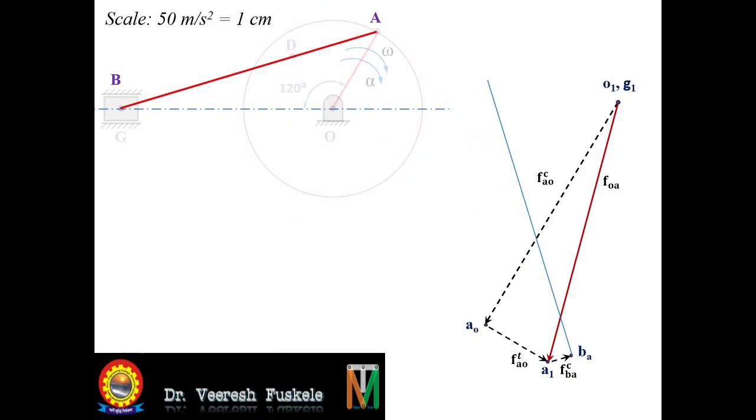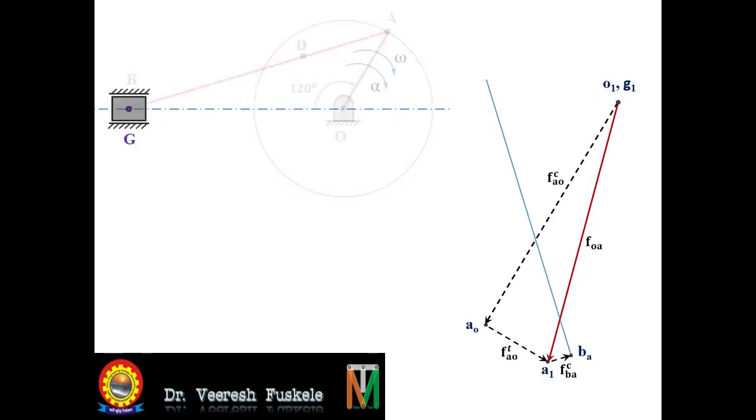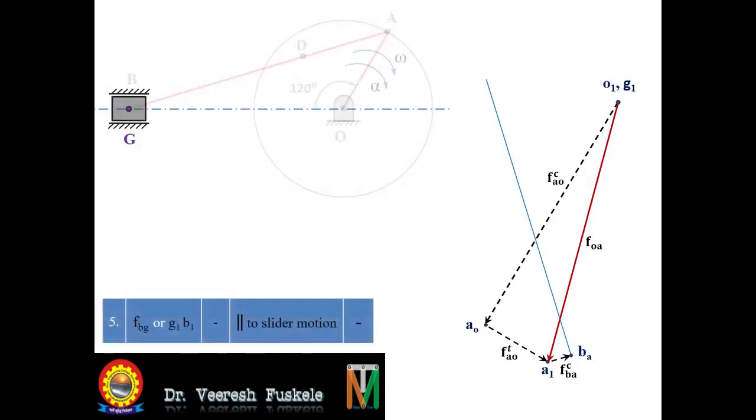Next, we will draw the acceleration of B relative to G, that means the acceleration of the slider. The motion of the slider will be along this axial direction. Acceleration of B relative to G will be parallel to the slider motion. The slider motion will be along the axis as shown here, so the direction of acceleration will be horizontal in this case.